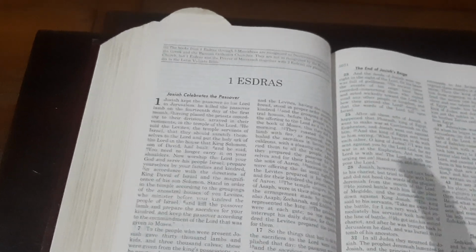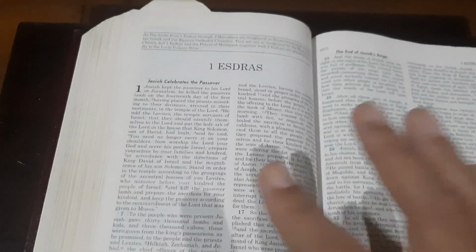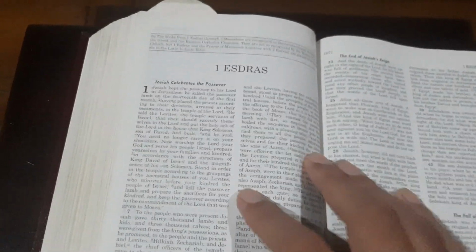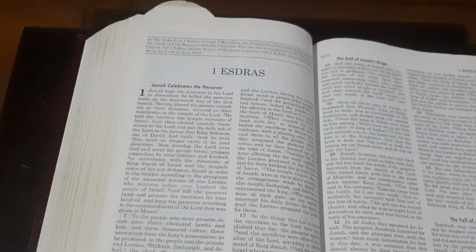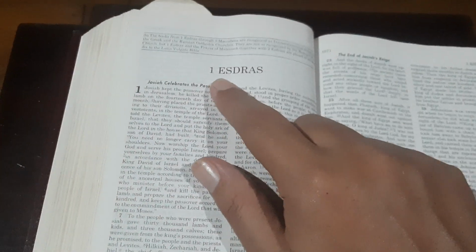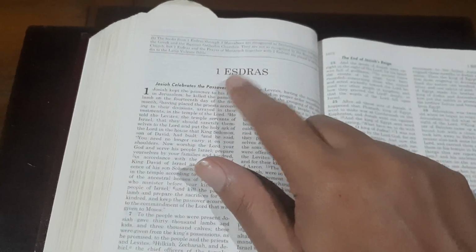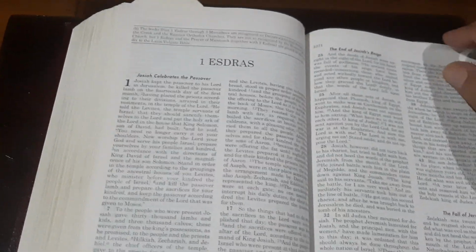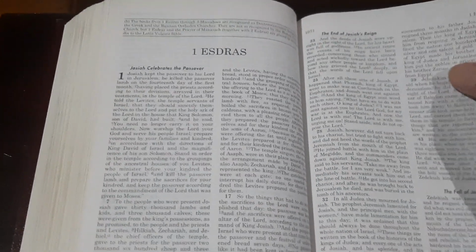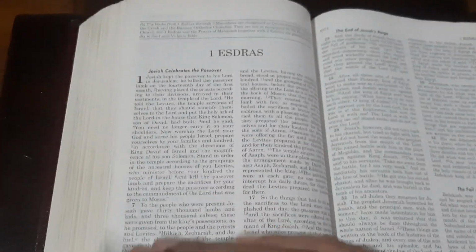Ezra and Nehemiah are part of this series of books that are called Esdras. So Ezra and Nehemiah can be one book put together, or two books separate. So this could very well be second or third Esdras, depending on how you separate or combine Ezra and Nehemiah in the Bible. And here's what's interesting.